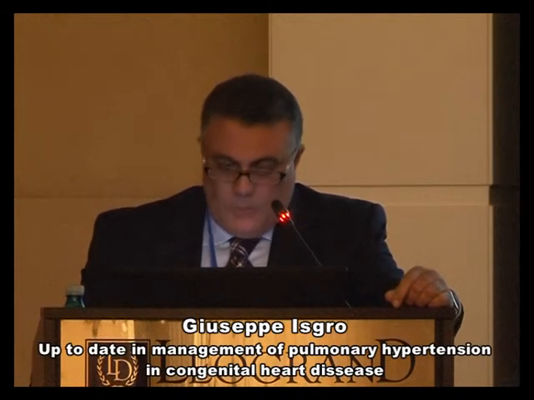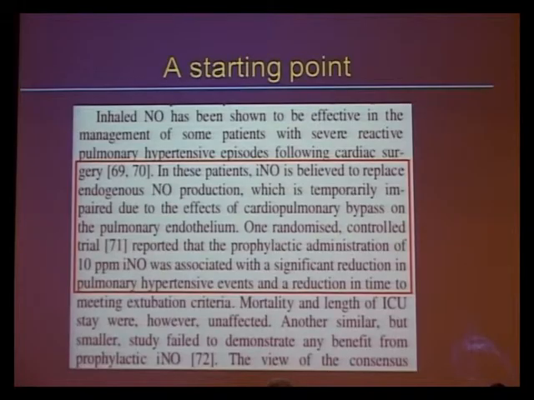And again, the main conviction is that what we give to the patient with inhaled nitric oxide is what the patient is not able to produce endogenously, because this kind of problem belongs to the original pathology.